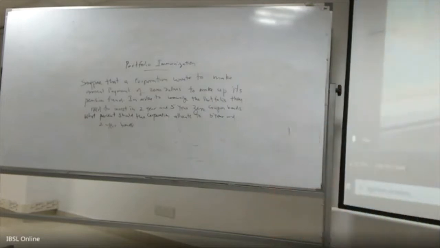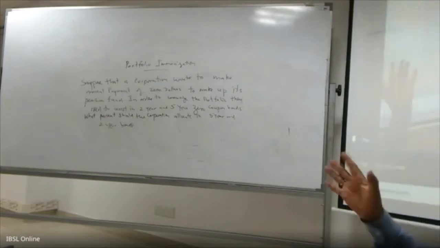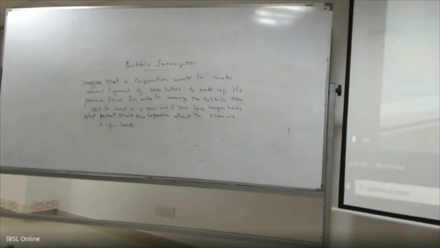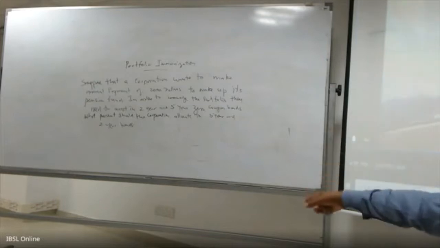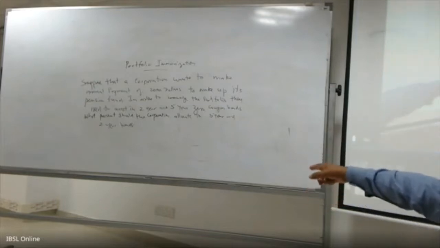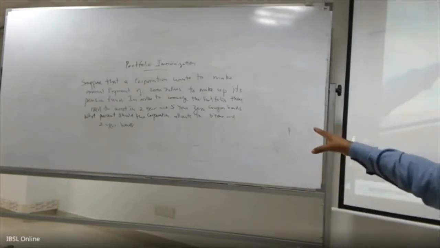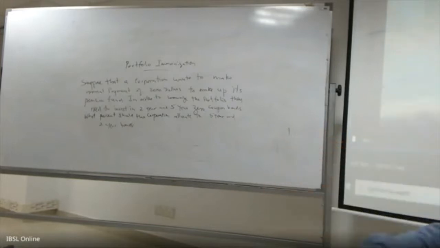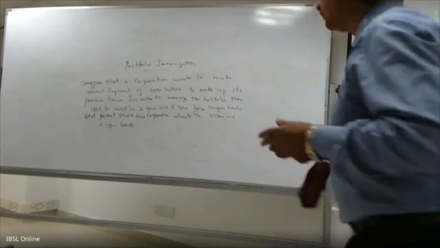Now we are trying to see the duration of those payments. When we calculate the bond duration, we go by the present value of its cash flows. In the same manner, we can go by the present value of these pension fund cash flows. So how are we going to do it?